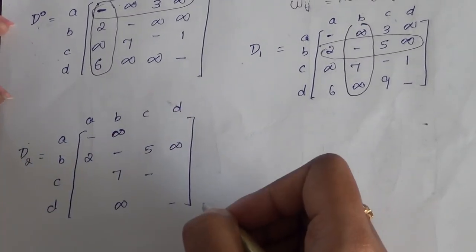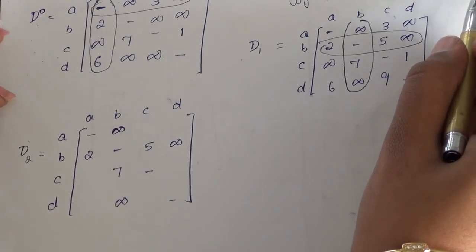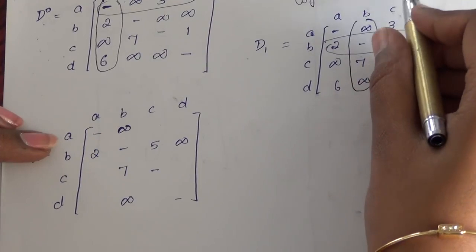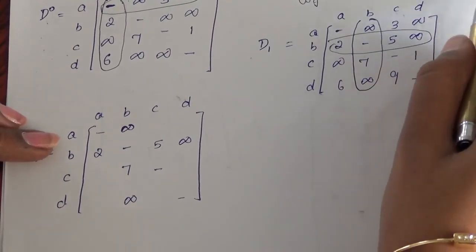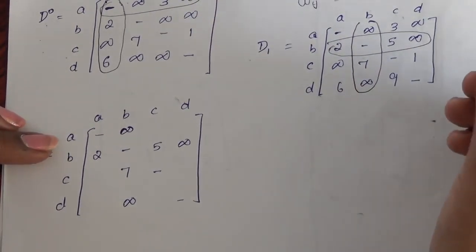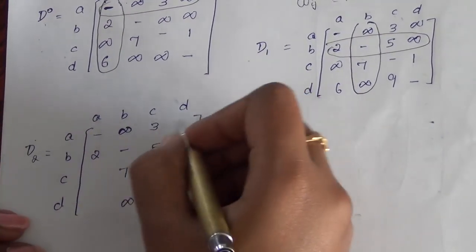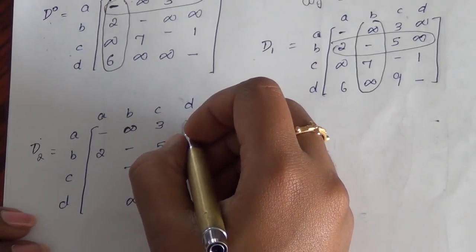Now we have to fill the rest of the values using the same formula. So for now, A to C is already given as 3. Wij(k−1) is 3. Wik plus Wkj will be 5 plus infinity, which is infinity. The minimum value is 3, so again I am writing it as 3. The rest of the values will be filled using the same formula.